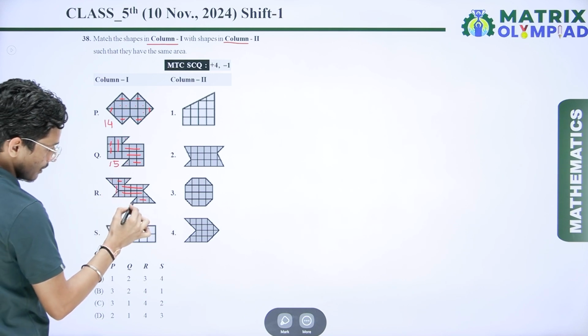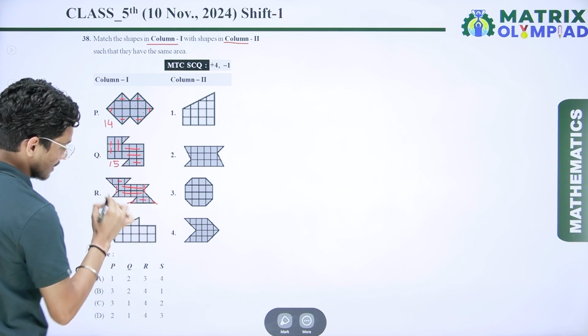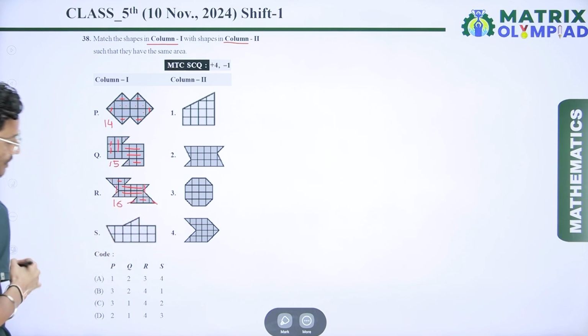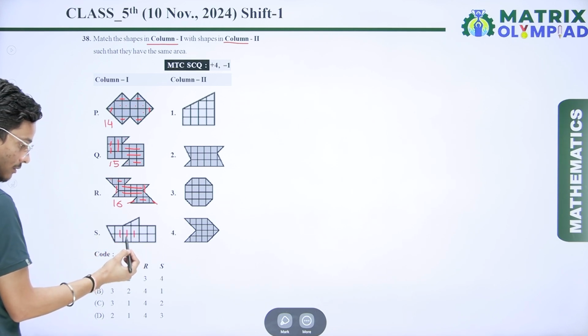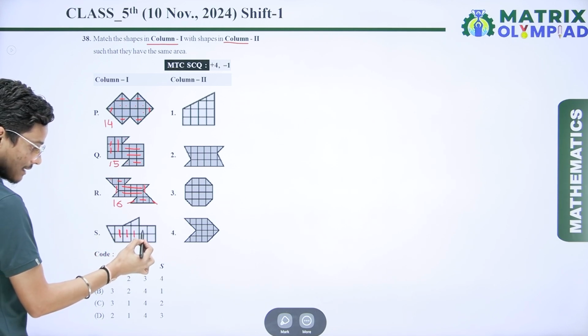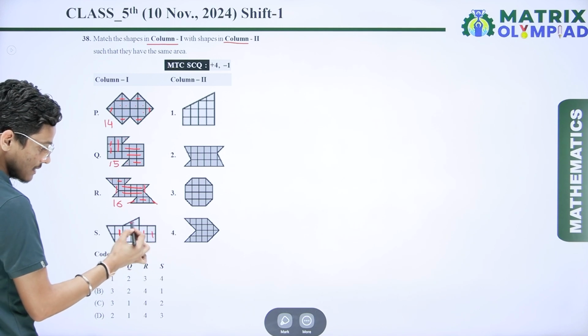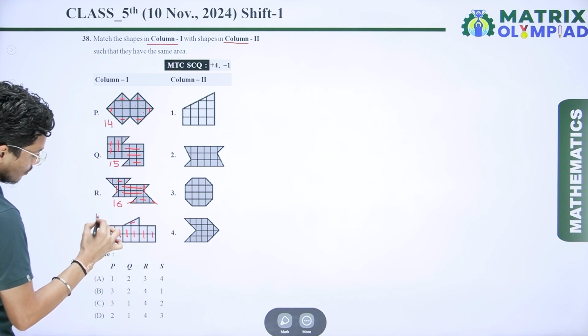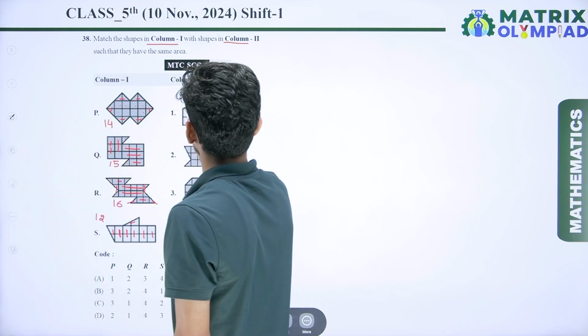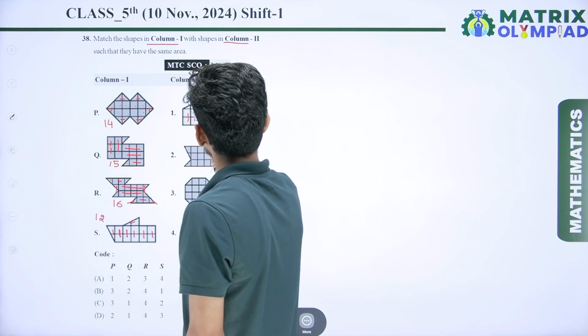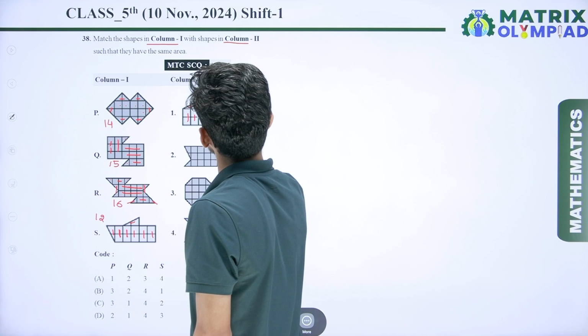Here we have 14 and this, that is the 15 and this one is the 16. So here we have 16 squares. If I talk about here, so 2 4 6 8 10. This is the 11 and this one is the 12. So if I talk about column 2, so here we have 2 4 6 8 10 11 12. So here we have 12.